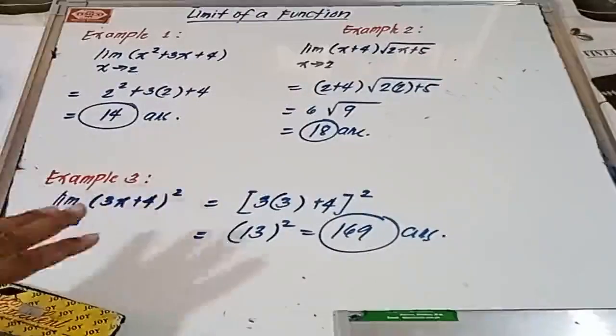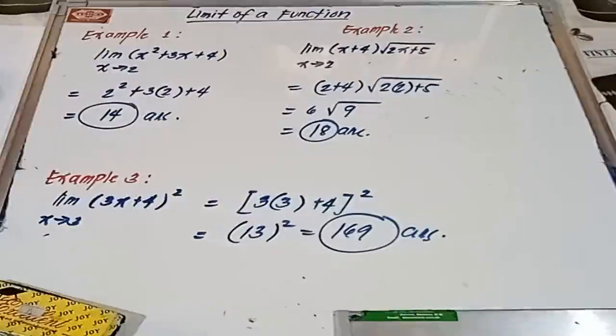But for this kind of functions, linear, quadratic, or radical siya, we can determine the limit of the function by straight substitution. So that will be my examples on how to determine the limit of a function by straight substitution and using the eight theorems on limits. Thank you.